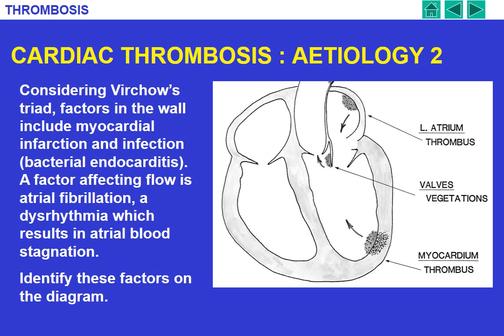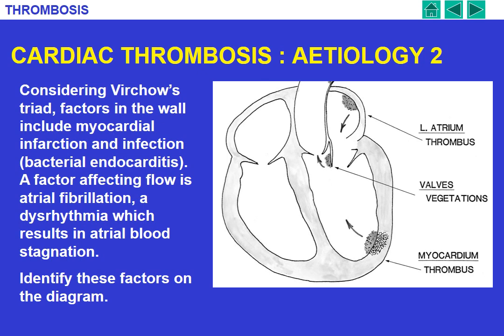The particular valve involved here is the mitral valve, and once again little pieces of thrombus can break off and embolize, giving the typical clinical features of vegetations on the cardiac valves. The commonest cause of thrombotic vegetations on the cardiac valves is infection in the condition known as infective endocarditis.